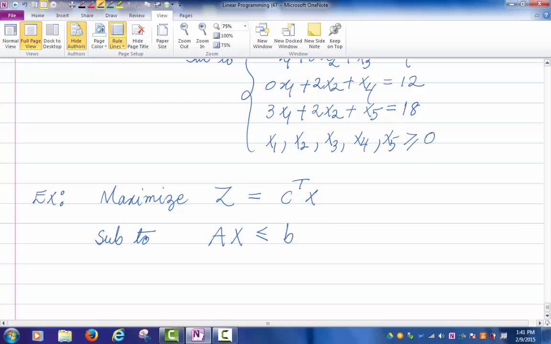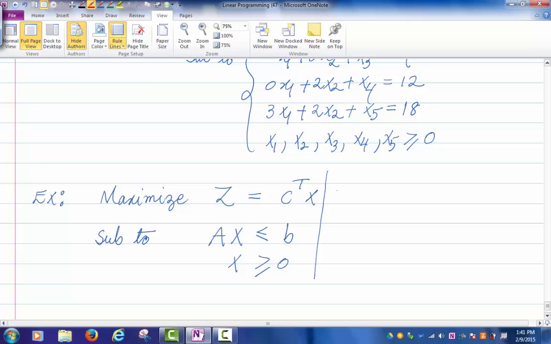B consists of the right-hand sides of the constraints, and of course we have that x is non-negative. That's the standard LP. What is the corresponding slack form?